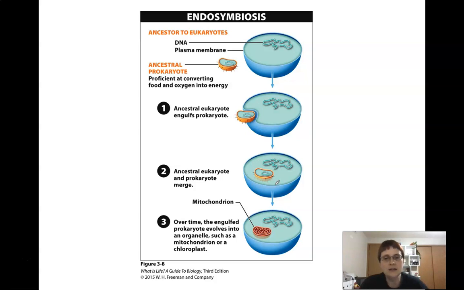The other thing that we've got here that indicates that this mitochondria is like this ancestral prokaryote is that when it got eaten, it would have gotten wrapped up in an extra membrane. And these guys have two membranes. You can see it's got one on the inside and one on the outside.